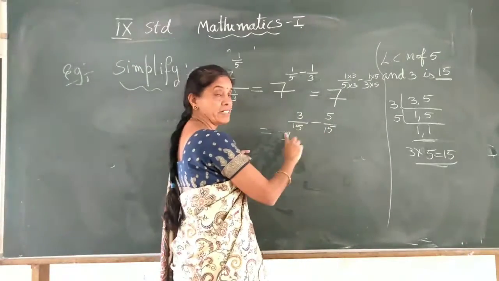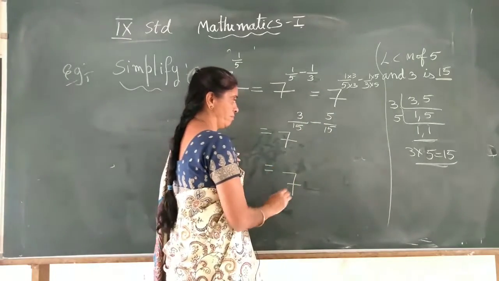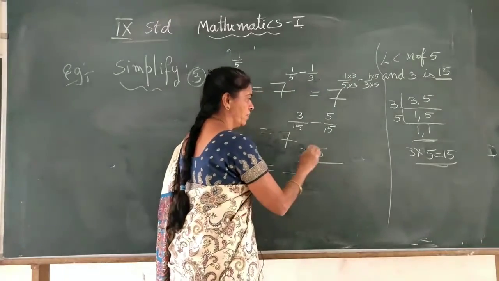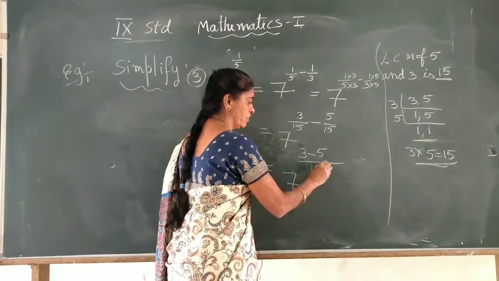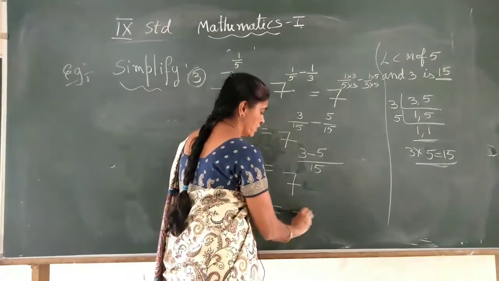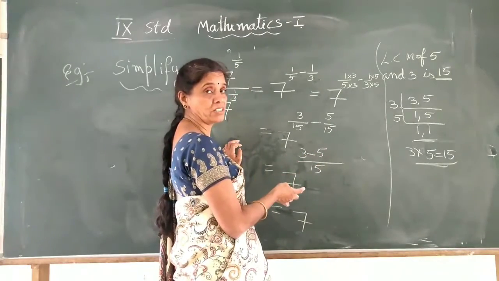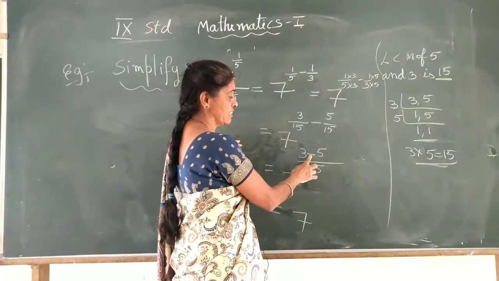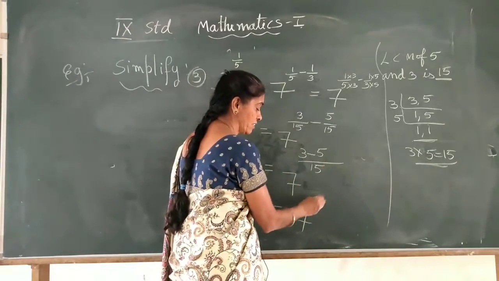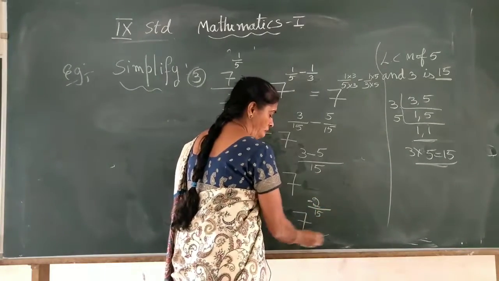Now common denominator, right? Now you can simplify this one. It is 7 to the power of numerator 3 minus 5 and denominator 15. So it is equal to 7 to the power of 3 minus 5. It is not 5 minus 3. So bigger number has negative sign, so it is negative number. So difference is 2, but sign is minus, denominator 15.